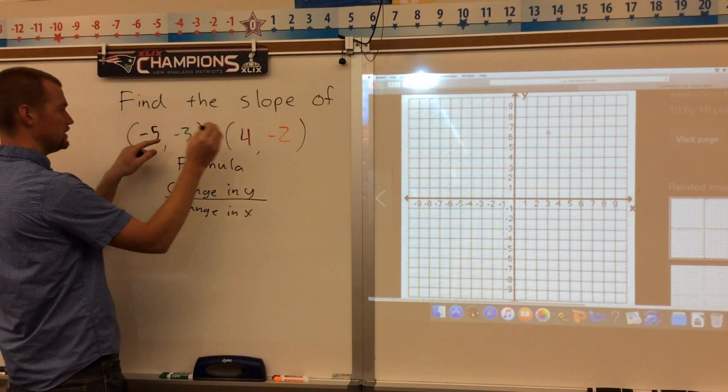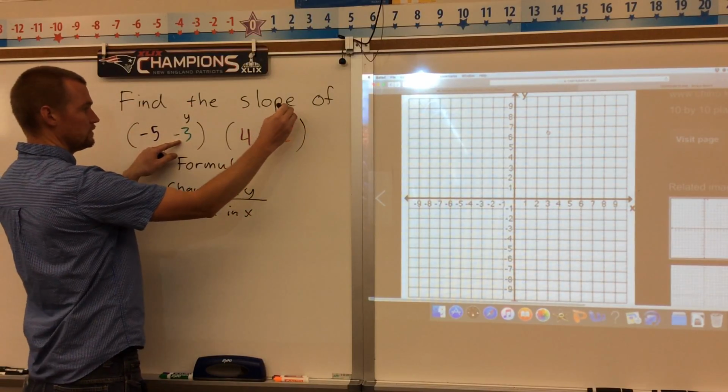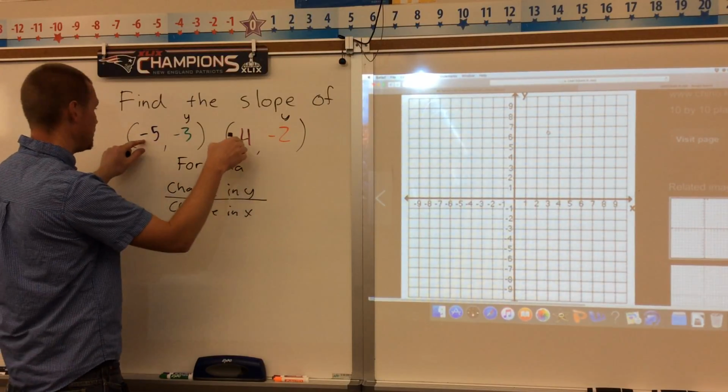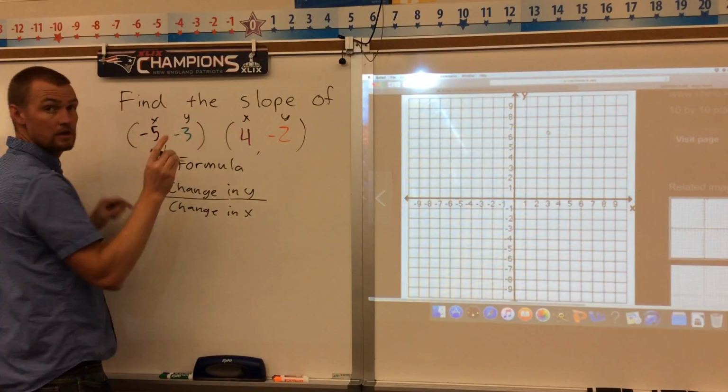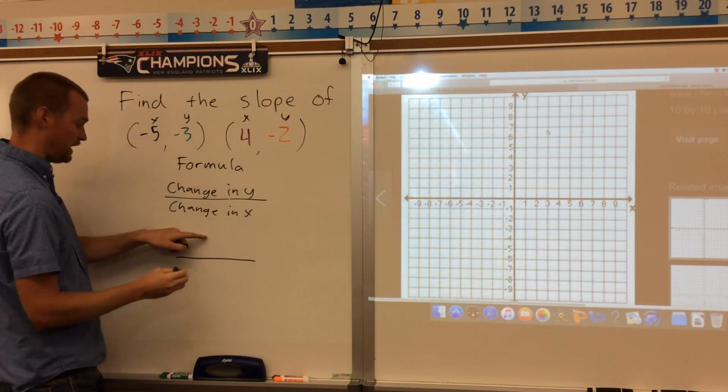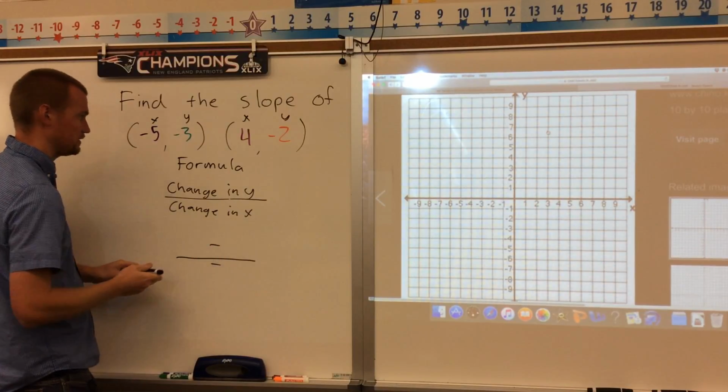So what you're going to do is take your y values, subtract them on top, and your x values, subtract them on the bottom. So here we go. We're going to subtract and subtract.